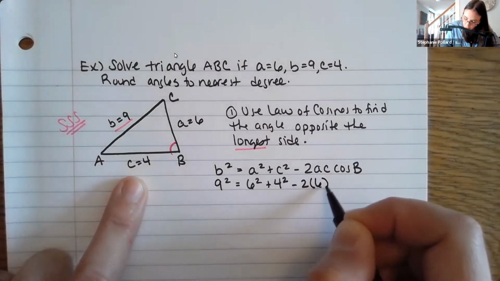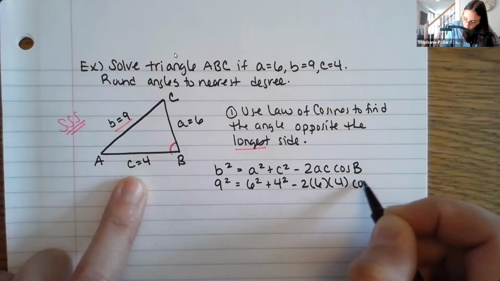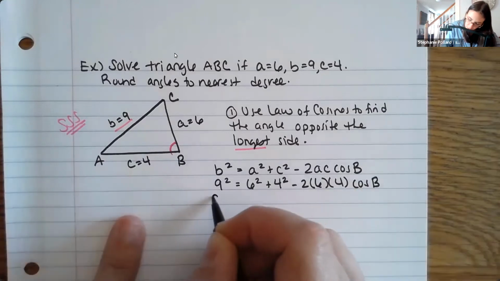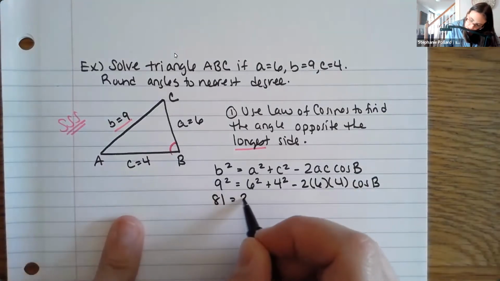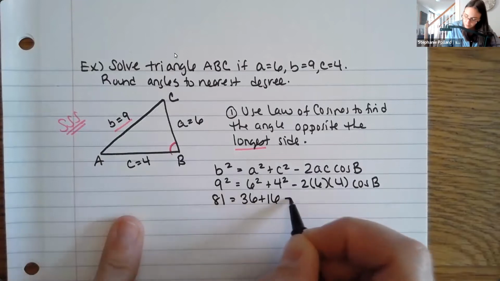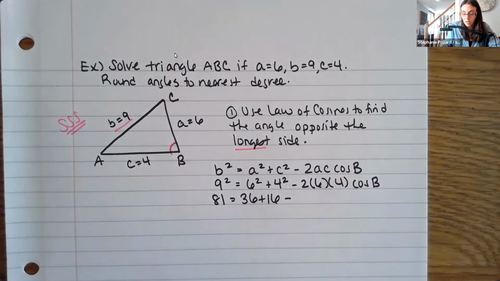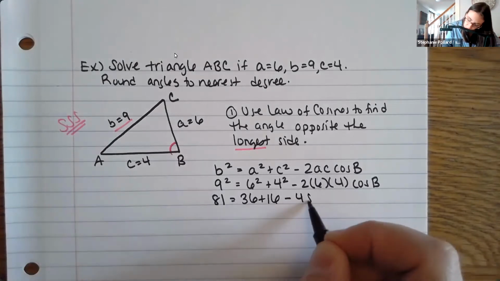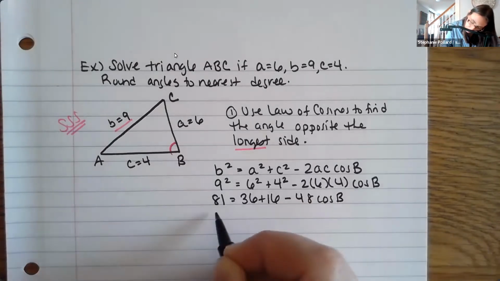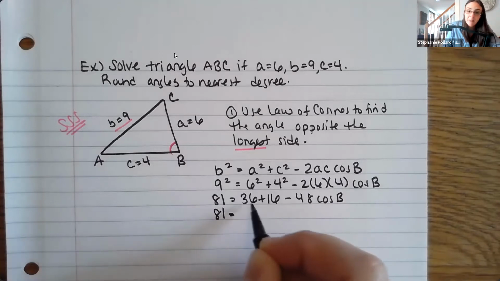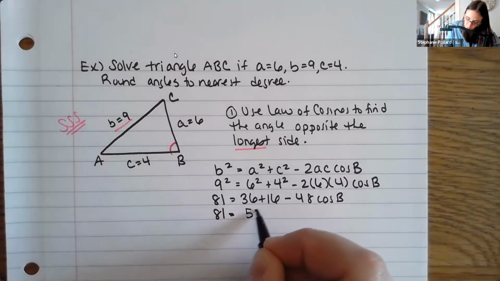So 6, 4, and then cosine of B. So I have 81 equals 36 plus 16. And now 6 times 4 is 24 times 2 is 48. I'm going to add these two together here. I get 52.